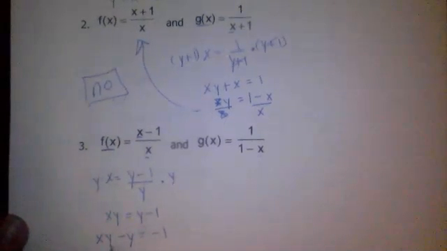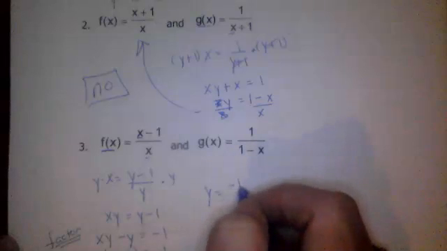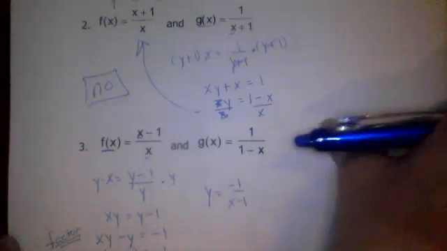But to solve this, I have to factor, and that's the step that a lot of people forget. I have to factor out the y. So when I factor out the y, I have an x minus 1, and that is what I'm going to divide by. So I have y equals negative 1 over x minus 1.